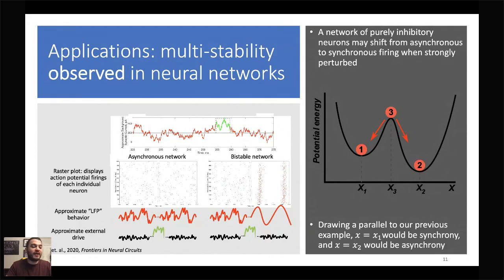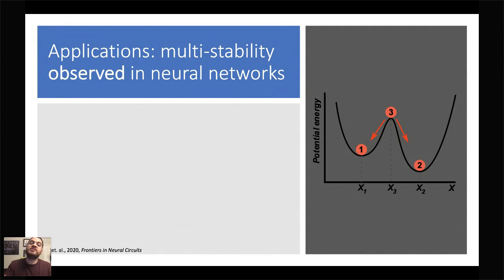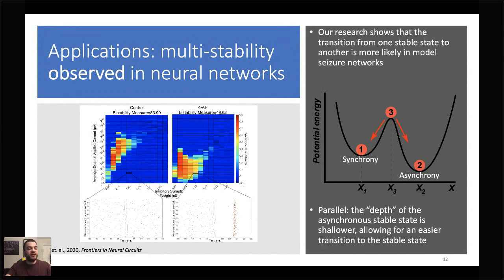So if we draw our parallel back to our graph from the beginning, basically one of these valleys is the stable state, one is the asynchronous state. And one of the interesting things we found was that if the network was more like a seizure network, more like an epileptic brain, we were more likely to have a perturbation that caused us to go from asynchrony to synchrony.